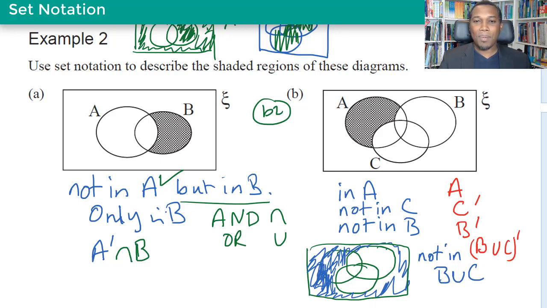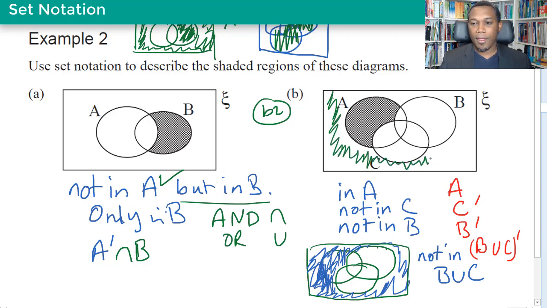So that B union C also includes all the bit I'm shading in green. Everything all the way around except the unshaded region. That's B union C. That's the shaded part we got, and the extra I've added on.